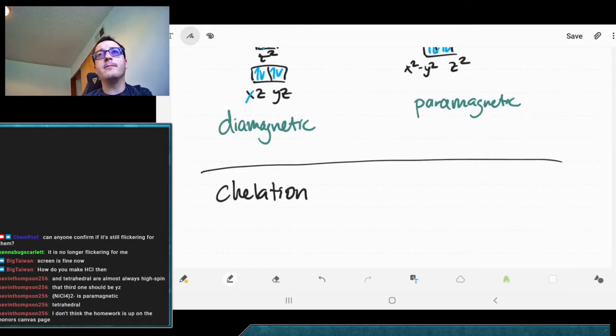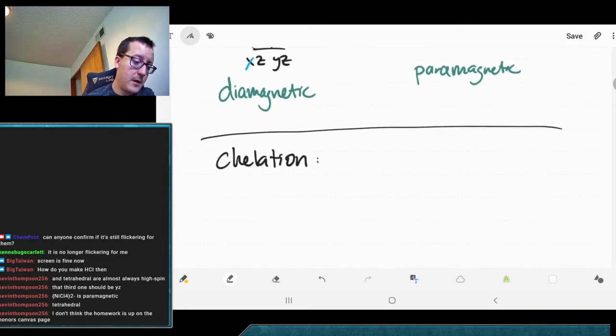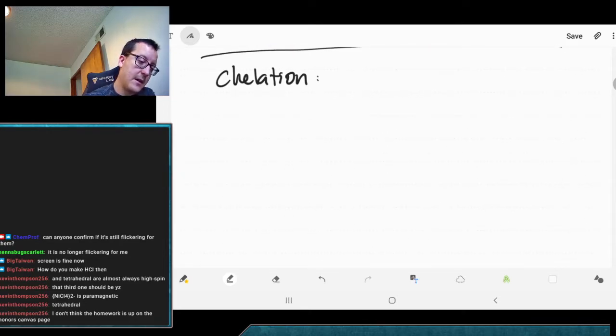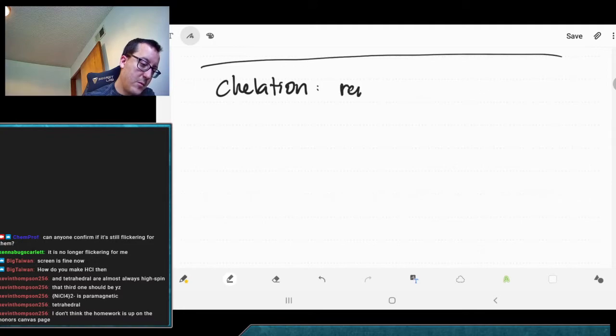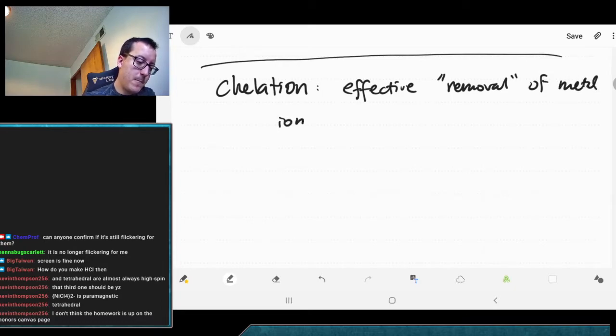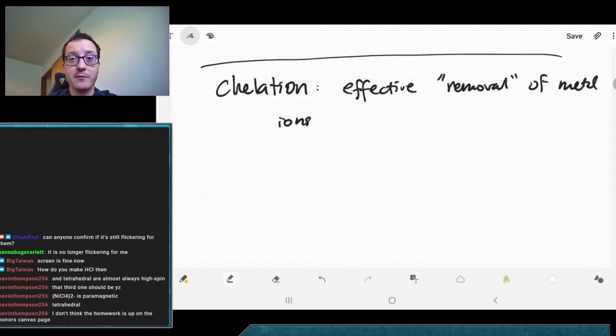So chelation is a process of moving metals out of other things. The chelation is when something gets effectively removed, we'll say. And so you'll use things called chelating agents to get rid of metals that are in your reaction that you don't want to be there.